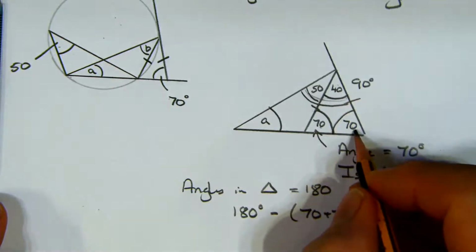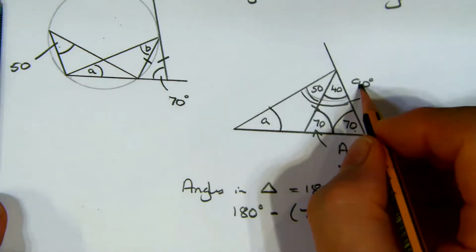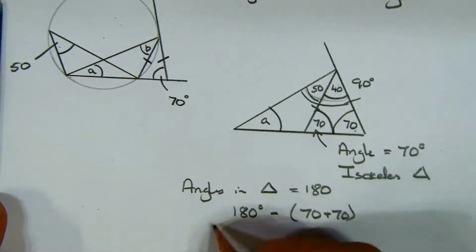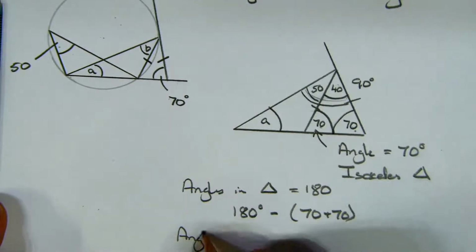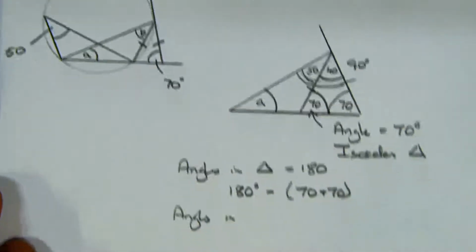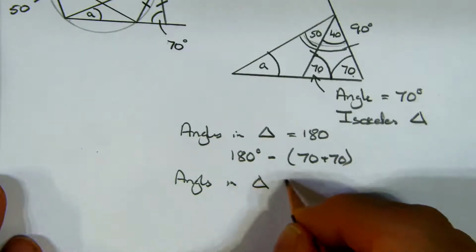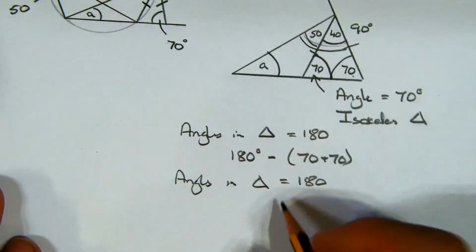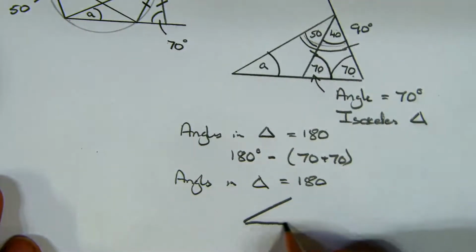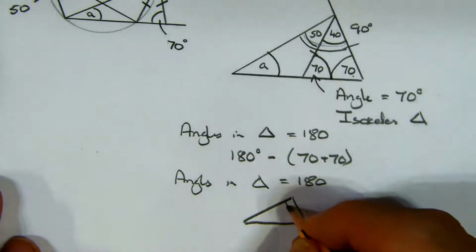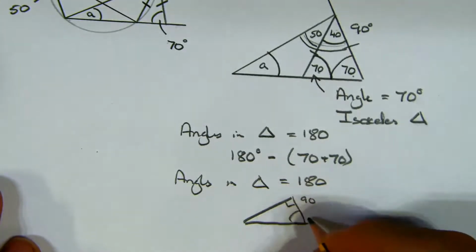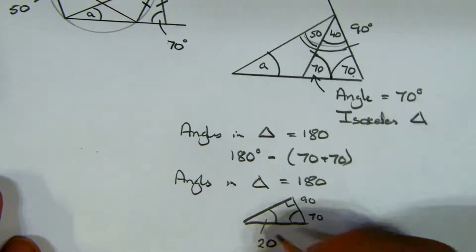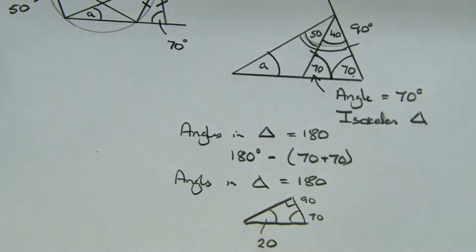And if this angle is 70, this angle is 90, then because the angles in a triangle again make 180 degrees, therefore I've got a triangle here, 90, 70, so therefore this one is going to be 20 degrees.